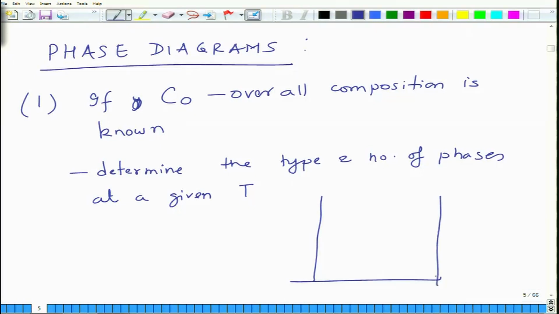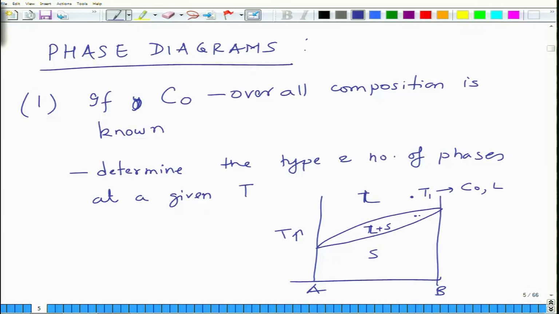So we can see that when you draw a phase diagram between A and B, let's say you have an isomorphous system. So you have temperature, liquid, liquid plus solid, and solid. If you are at temperature T1, you see its C0 composition and liquid as a phase.